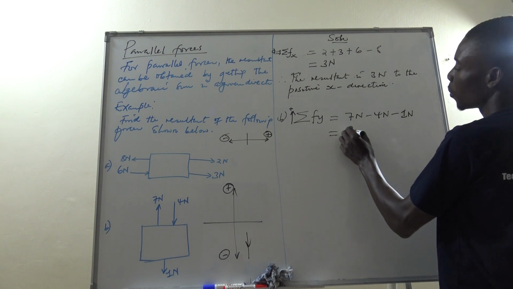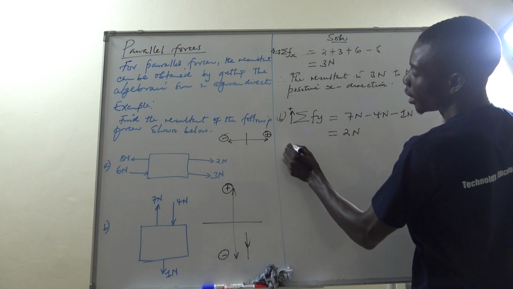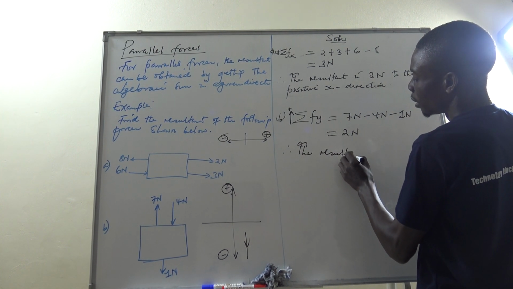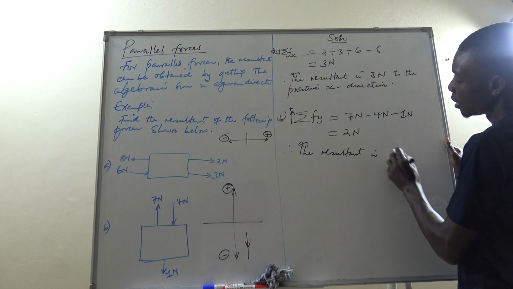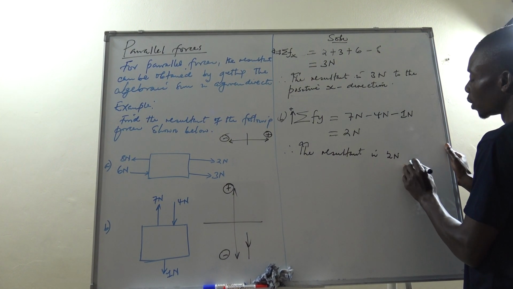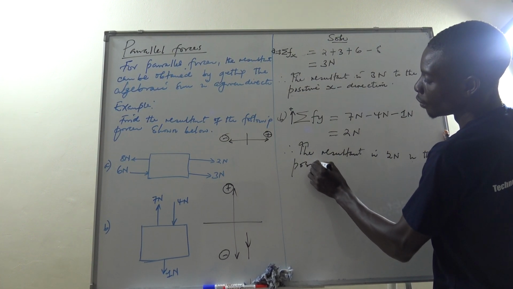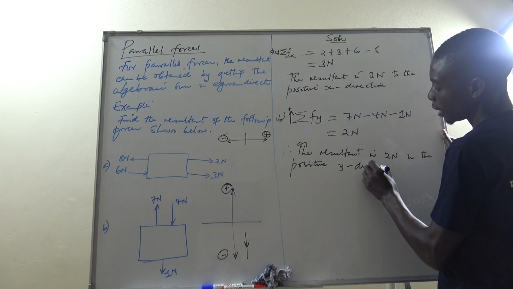And you come up with 2 newtons. Then you make your conclusion and say, therefore, the resultant is 2 newtons in the positive y direction.